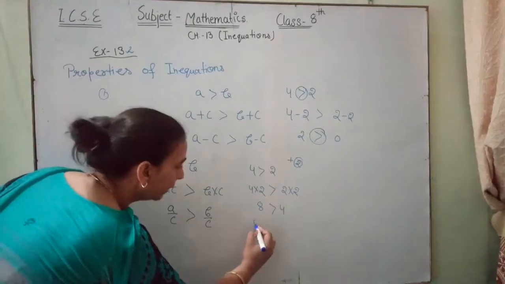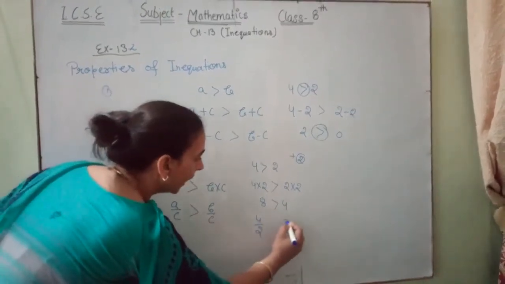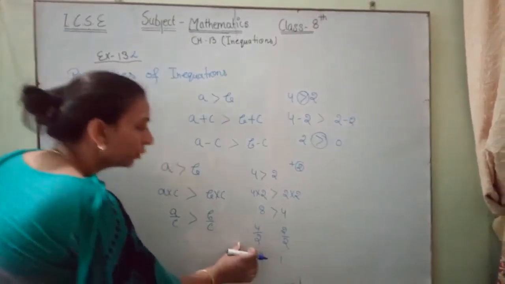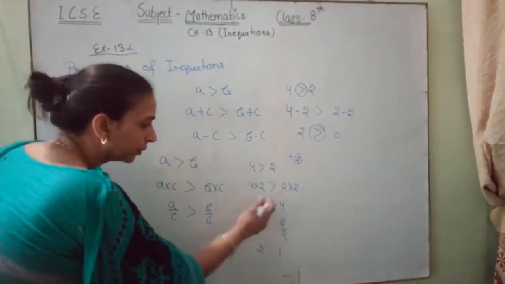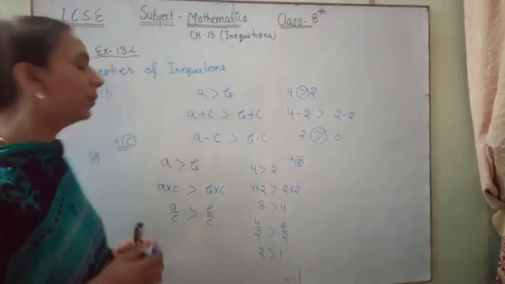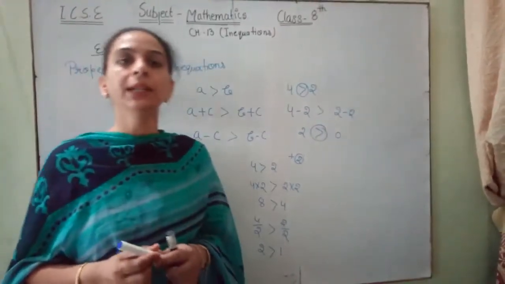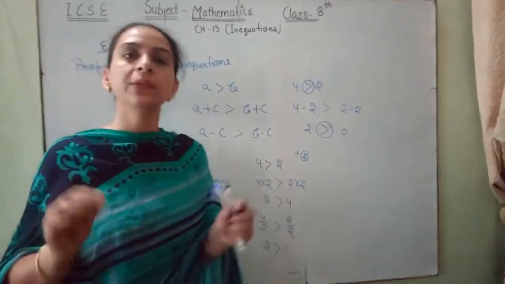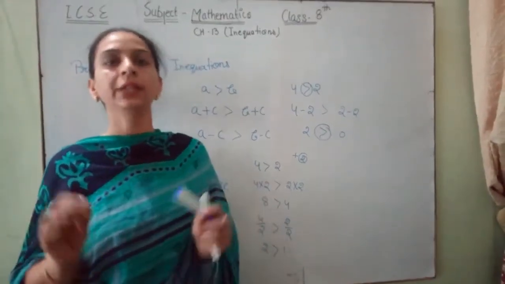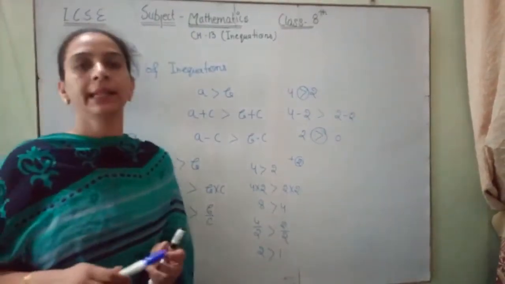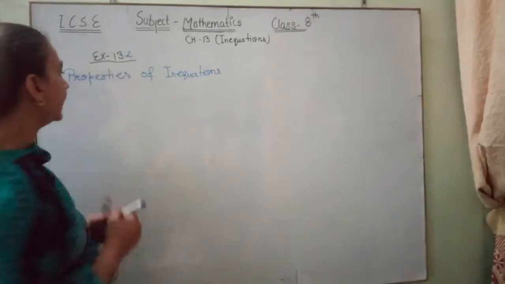And if we divide, 4 divided by 2 is 2 and 2 divided by 2 is 1. Student, 2 greater than 1. So the sign is same. So if we multiply or divide the same positive number on both sides of an inequation, the sign of inequality does not change. Okay, student? Again, we discuss property number 3 and 4.